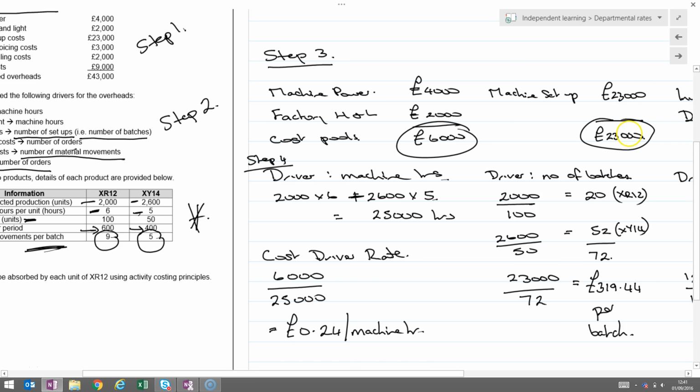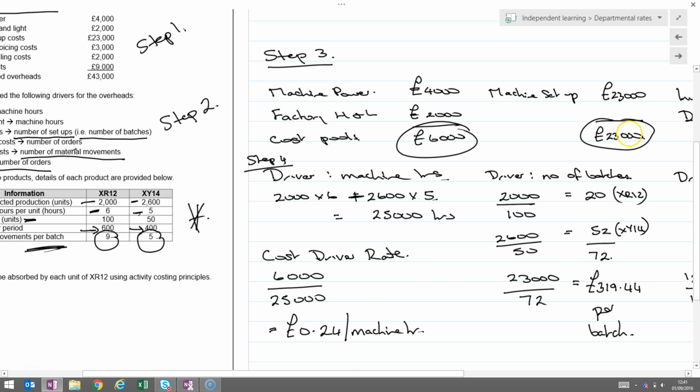Our second cost driver rate, £319.44 per batch. So this is per batch, 319.44. So we need to know how many batches there were for the XR12.